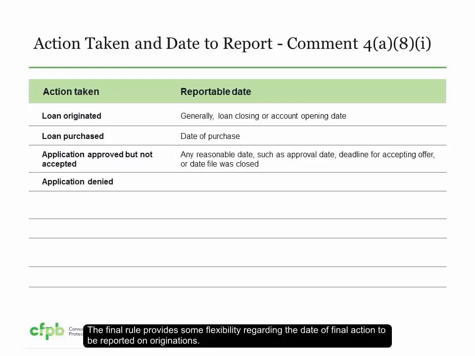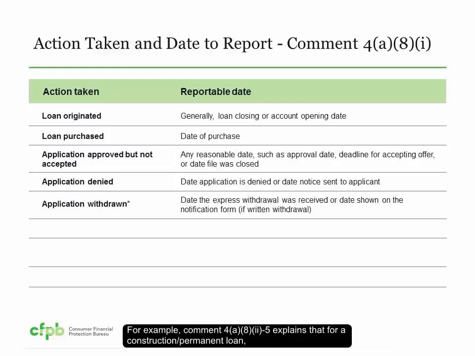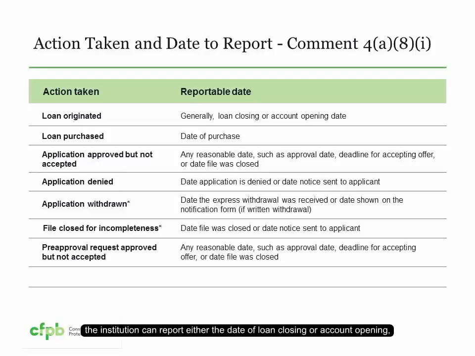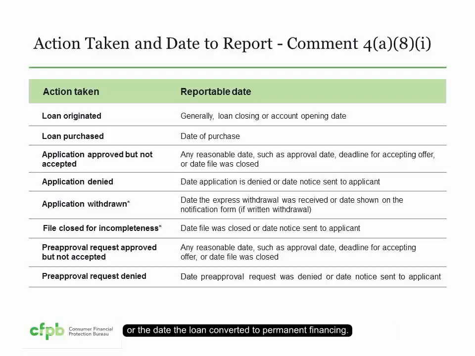The final rule provides some flexibility regarding the date of final action to be reported on originations. For example, comment 4(a)(8)-2 explains that for a construction to permanent loan, the institution can report either the date of loan closing or account opening, or the date the loan converted to permanent financing.